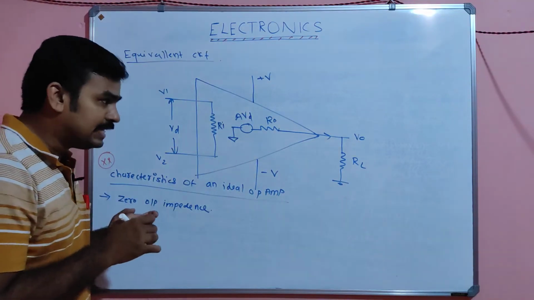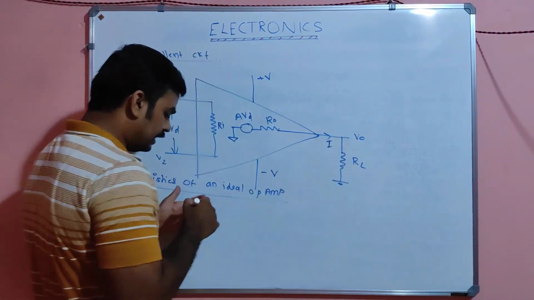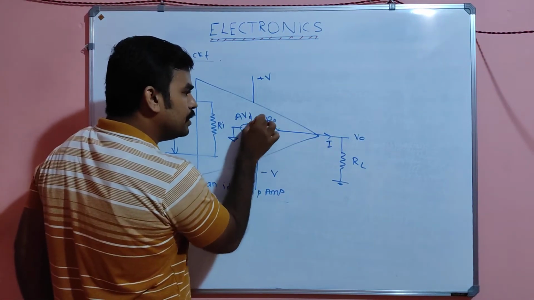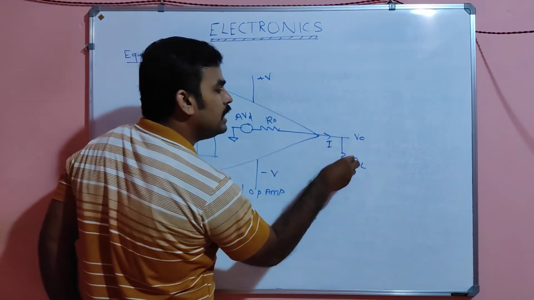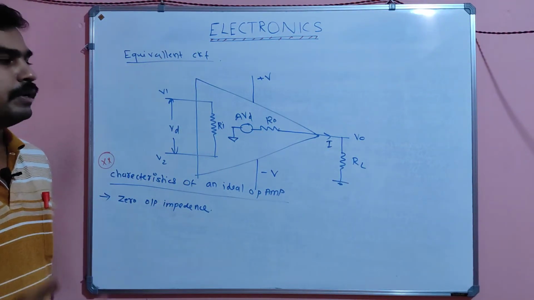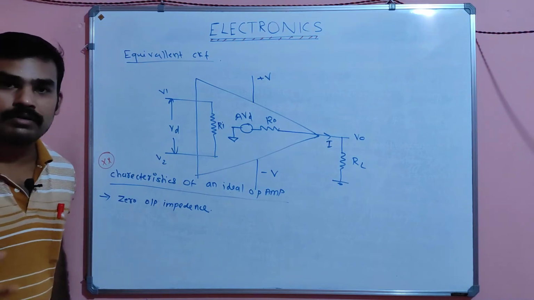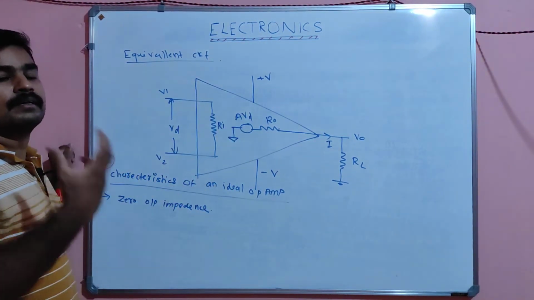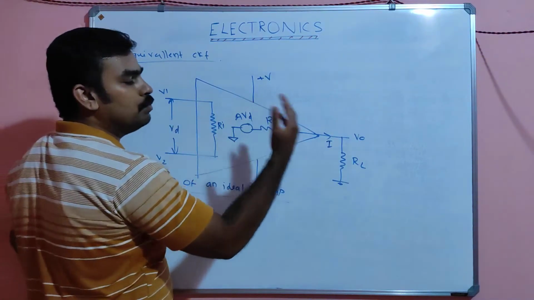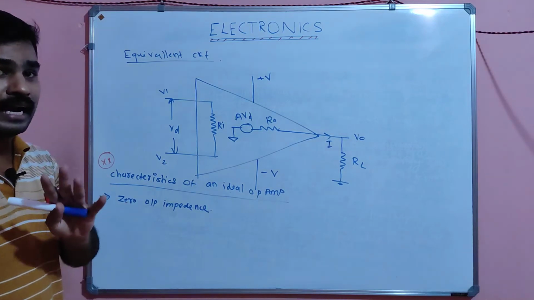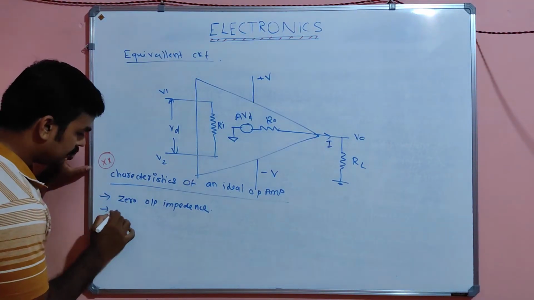Due to that current, a portion of A into Vd will be dropped across the output resistance, and only the remaining will be available as V0 across RL. Is it good? No. So normally we design the Op-Amp in such a manner that its output impedance is 0 for the ideal case.